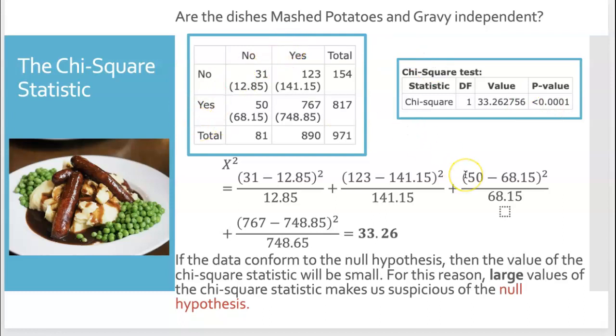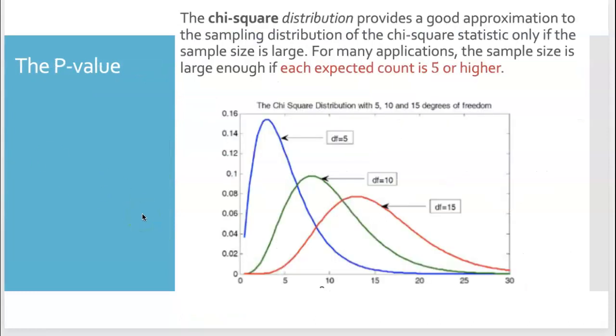Meaning that given that gravy is served at a dinner, it's definitely going to change the probability of there being mashed potatoes or not. Really quickly, the chi-square distribution is another one of those famous sampling distributions that we use. This is saying that the chi-square distribution provides a good approximation to the sampling distribution of the chi-square test statistic only if the sample size is large.